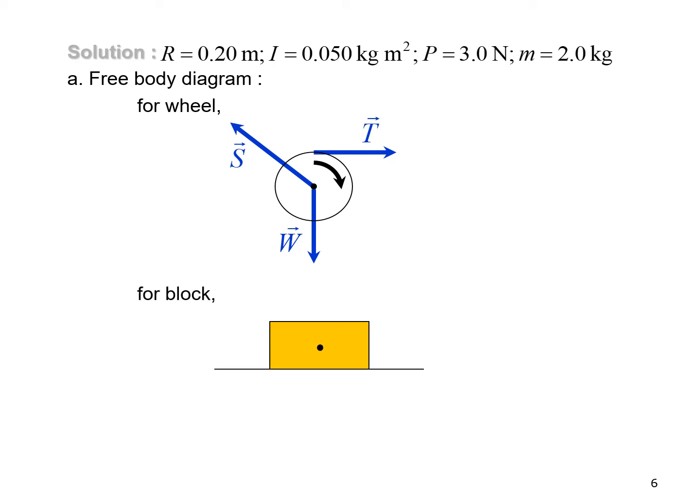And then for the block, sitting on a surface, the direction of acceleration is moving toward the right. So we have weight, and once we have weight, we must have a normal force acting in the opposite direction, P acting toward the right, and then you will have tension toward the left.